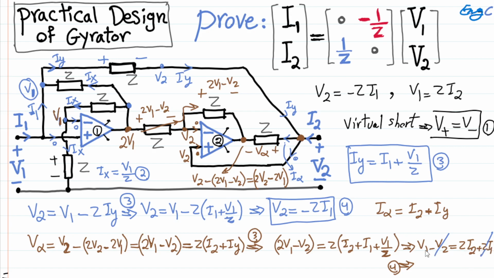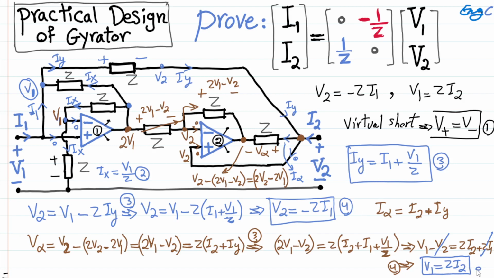And as a result, what remains is V1 equal to Z times I2. That's the last equation, the second equation that I wanted to prove. And that concludes that this circuit is really a gyrator.